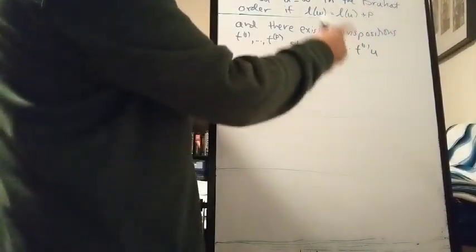If the length of W is equal to the length of U plus P, and there exist transpositions T1 through TP such that W equals TP through T1 U. That is, we multiply U by T1 first, and then T2, and then T3 up to TP.